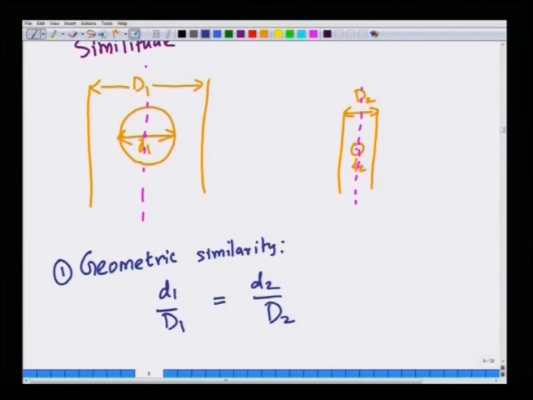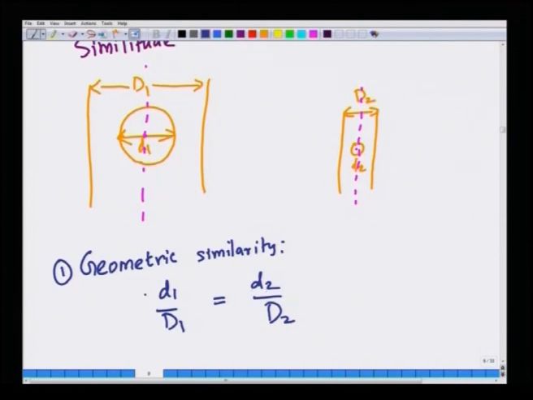Moreover, we have assumed that the center of the sphere and the center of the axis of the pipe are coinciding in both cases. If in one of the cases it is eccentrically placed, again geometric similarity is violated. So, we can say that these two systems are geometrically similar only when all the length scales in the problem have the same ratios.